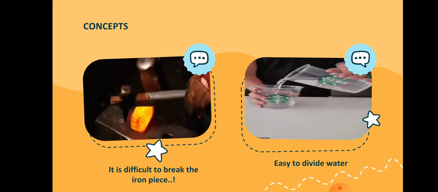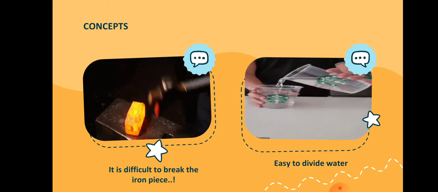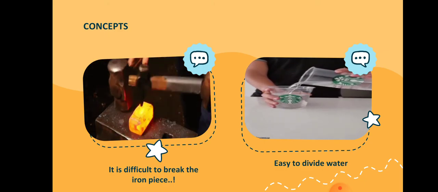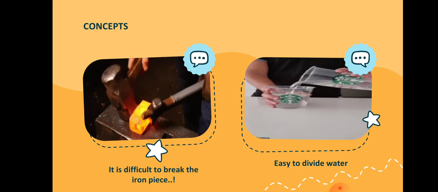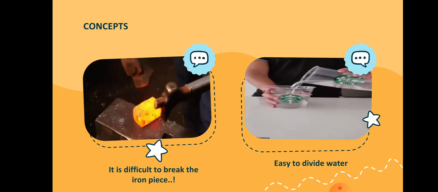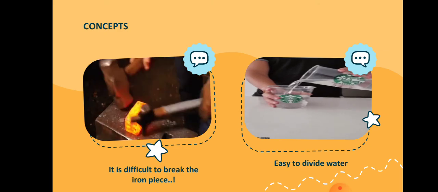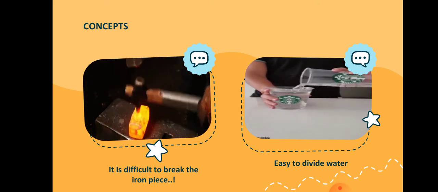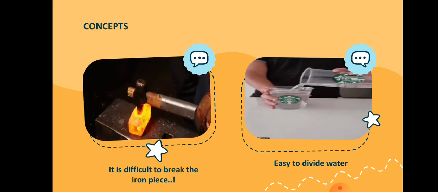Is it easy or difficult? It is easy. Very good. Why? Because the intermolecular forces among the molecules of a solid substance are very strong, very hard. But the intermolecular forces among the molecules of the liquid state are weak.